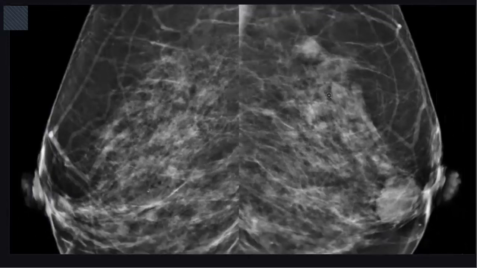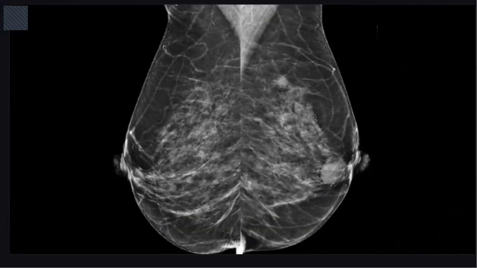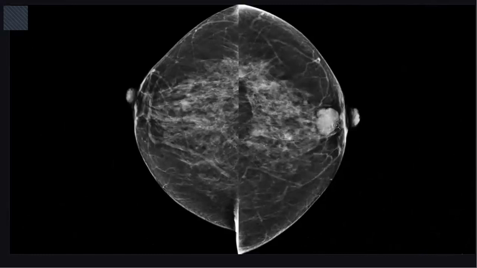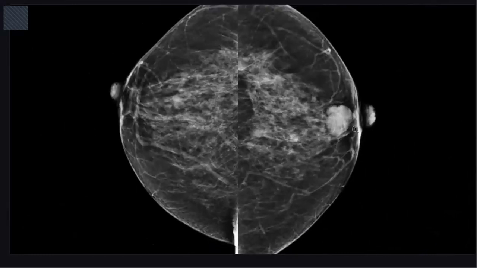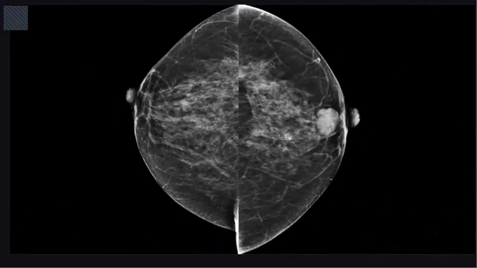So it's likely also a benign lesion, but this patient came for screening. We can give it M3 first and ask the patient to come for triple assessment. This patient should be clinically assessed and go for ultrasound, and then may need a biopsy.